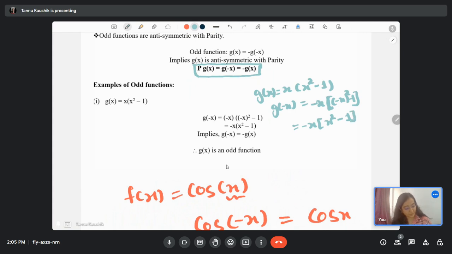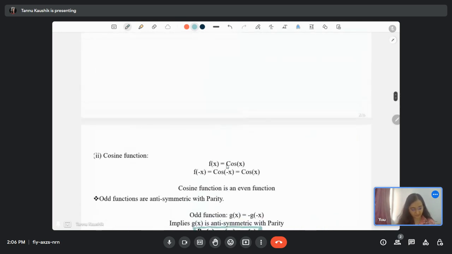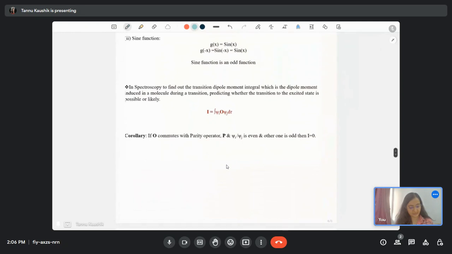Minus x into square of minus x minus 1, which is minus x into x square minus 1. So what we are getting is g(minus x) is equal to minus g(x). Therefore, this function is odd.